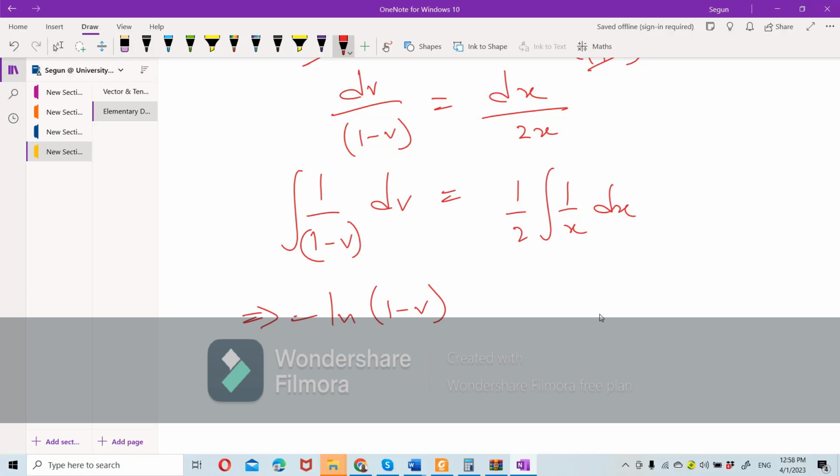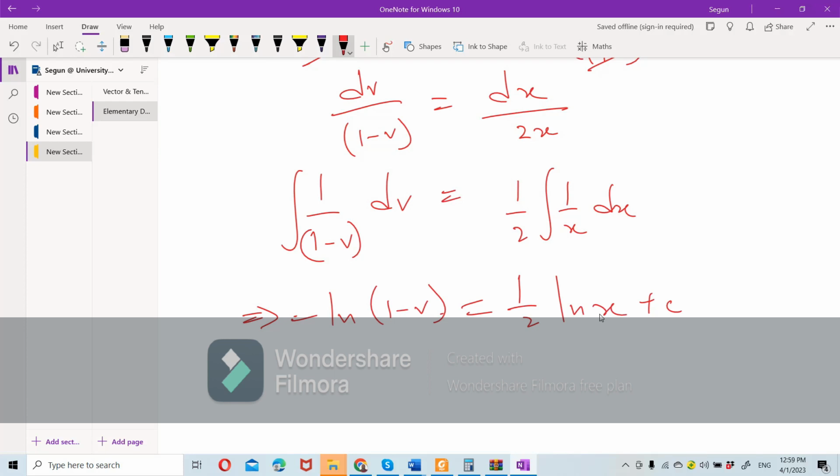You can try it, use the same method I used, let u equals to 1 minus v, you will still get the same answer, which is equals to 1 over 2 ln x plus c.